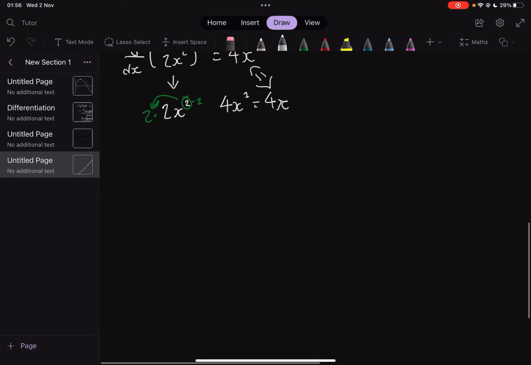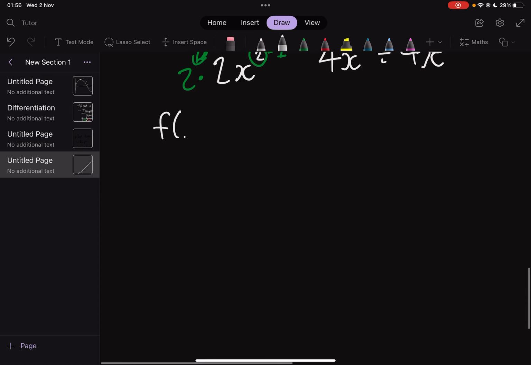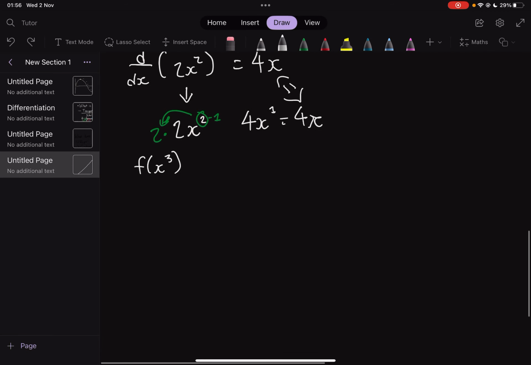So we can do one more example with x cubed. After that, it gets a bit tedious from expanding all those brackets, but finding the derivative of this will be f. Yeah, so applying first principles, we will get x plus s cubed minus x cubed over s.